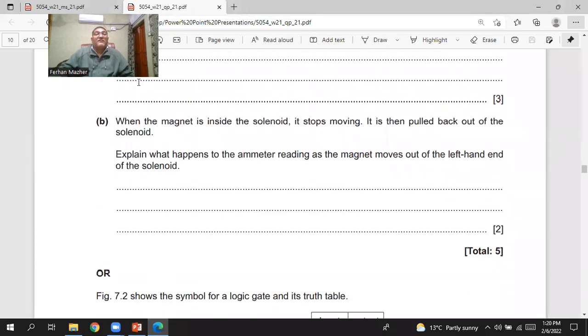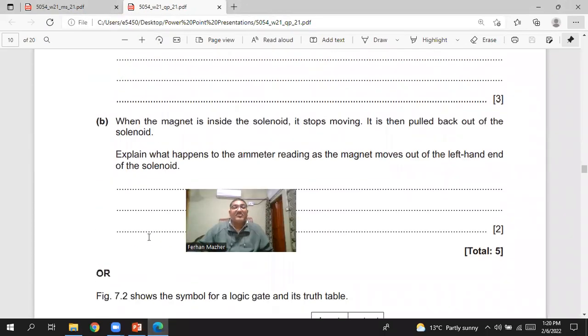Here we have: when the magnet is inside the solenoid, it stops moving. It is then pulled back out of the solenoid. Explain what happens to the ammeter reading as the magnet moves out of the left hand end of the solenoid. When the magnet stops moving, the ammeter will show zero deflection, zero reading.